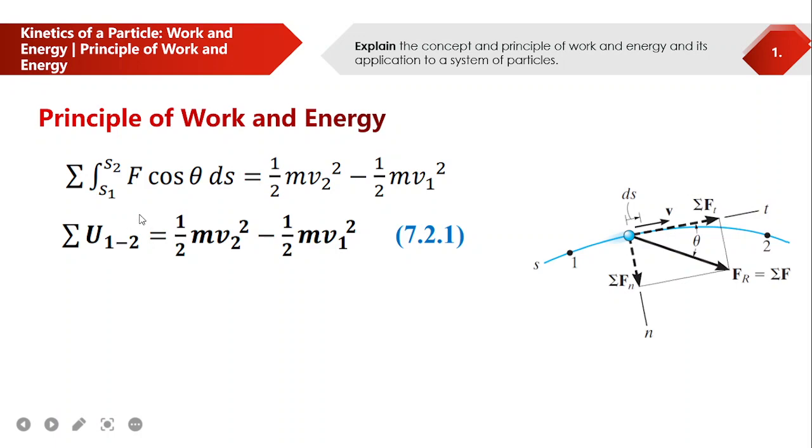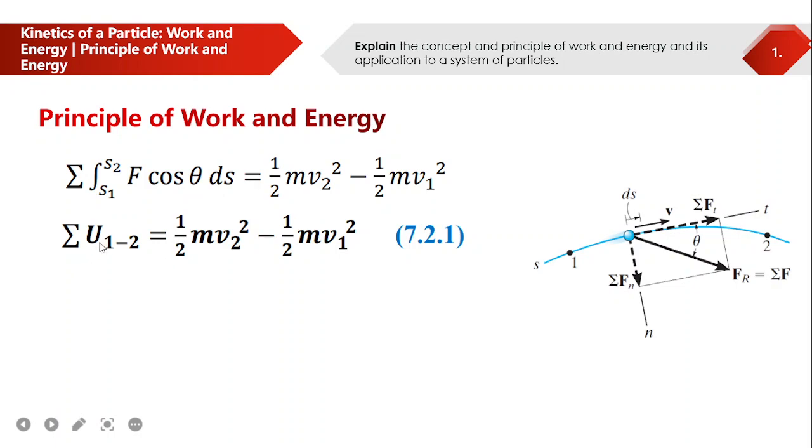This is our equation 7.1.4 on the left side. Therefore, this is the principle of work and energy, specifically kinetic energy, since velocity is involved here. So this is our principle of work and energy.